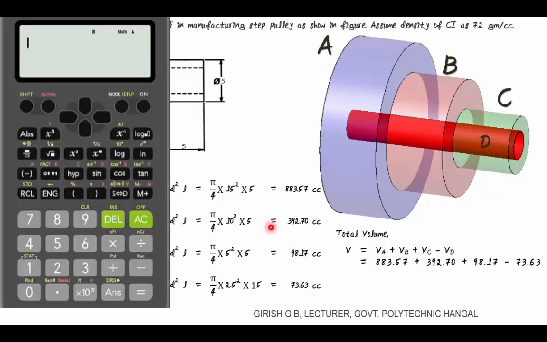Calculating the values. Remember, we have stored the values for VA as A, VB as B, VC as C, and VD as D. We are using the option alpha for calculating. Alpha A plus alpha B plus alpha C minus alpha D is going to give us the total volume capital V.